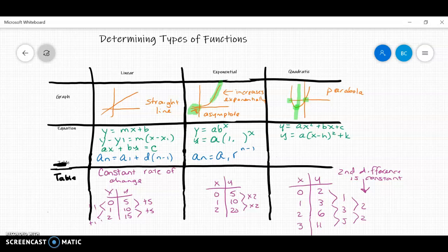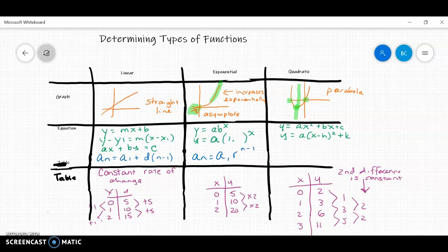And then we're adding, instead of m, we use d, which is the common difference. And then n minus 1 is the term number minus 1. So this really is basically the same equation as y equals mx plus b, just using different letters. So I just wanted to put that in there to remind you that arithmetic sequences are linear.